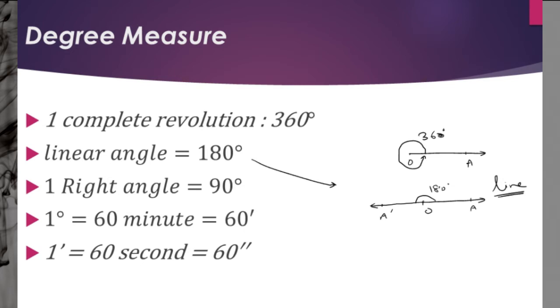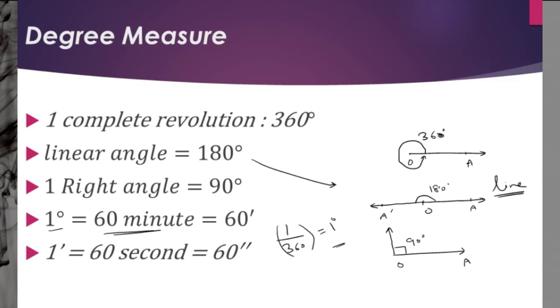A right angle is half of the linear angle. That means this is the initial line OA, and this is my right angle, 90 degrees. 1 degree means 1/360th part of a complete angle. And 1 degree is equal to 60 minutes.